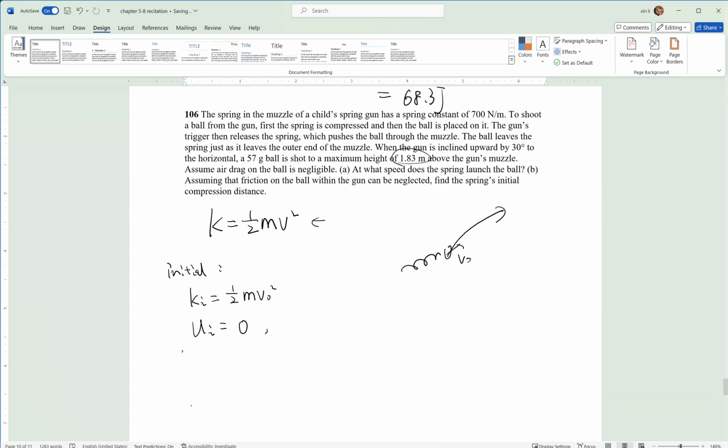Okay, and at the top, we are going to have K final will be equal to 1/2 m v initial x squared, and then U final will be equal to mgh. And these two, they equal to each other, right?